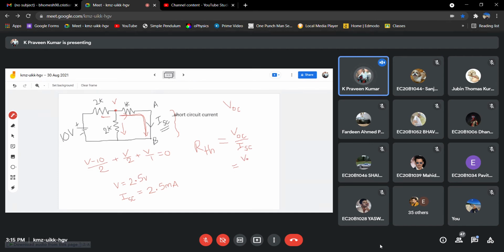See here, VOC is nothing but VTH, right? Open circuit voltage across the terminals AB is nothing but your VTH by ISC. So what is VTH? VTH we got 5 and ISC is 2.5 milli. So this is equal to 2 kilo ohms, isn't it? Have you got this value? RTH 2 kilo ohms.